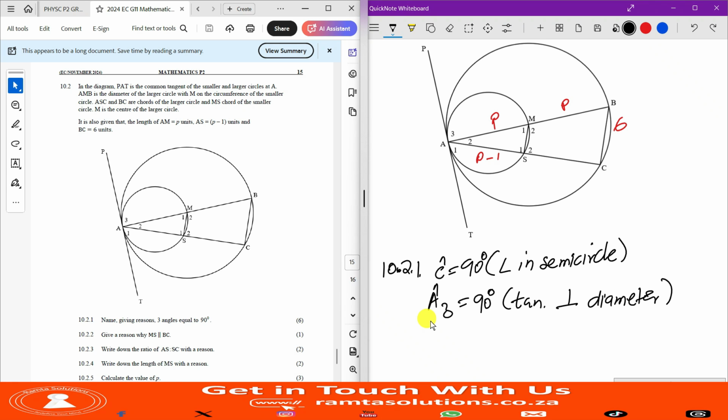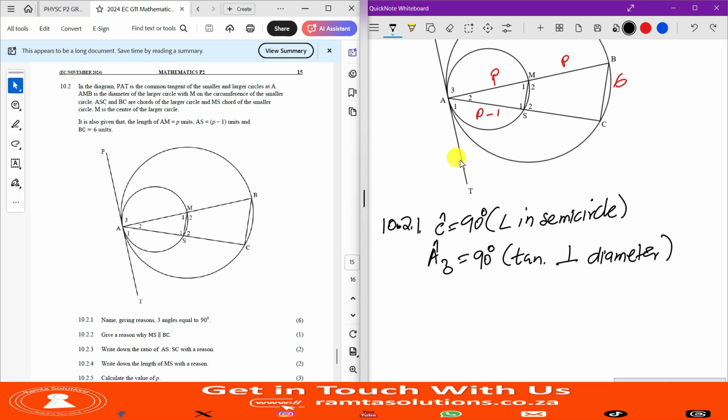And then which other one is equal to 90 degrees? Ooh, okay. Also this one here, guys. Let's call it BAT. I think it's better that way.